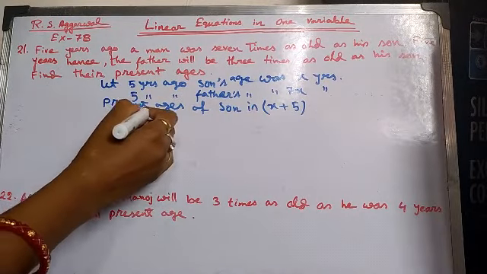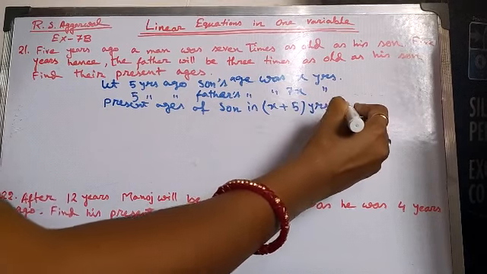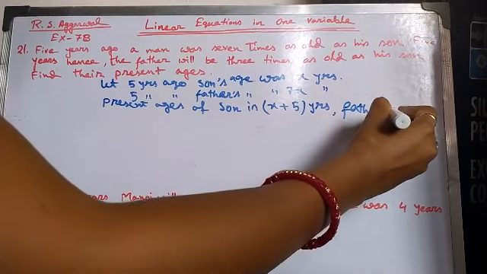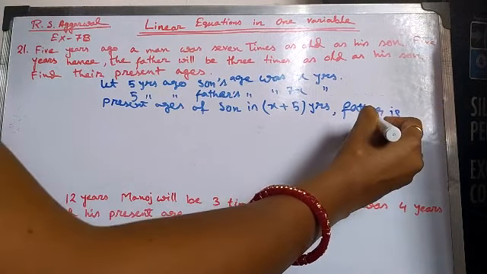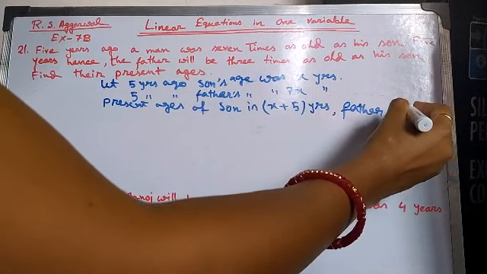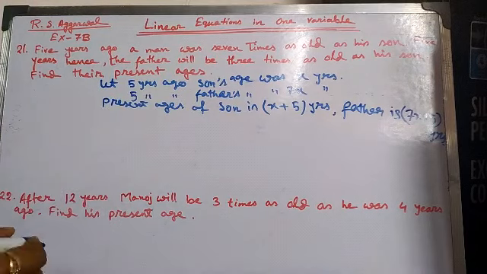Now the present age of son is x plus 5 years, and father is 7x plus 5 years. That is the present age.